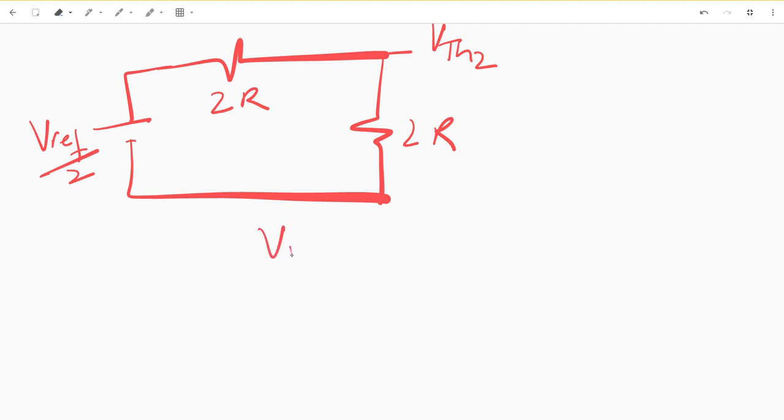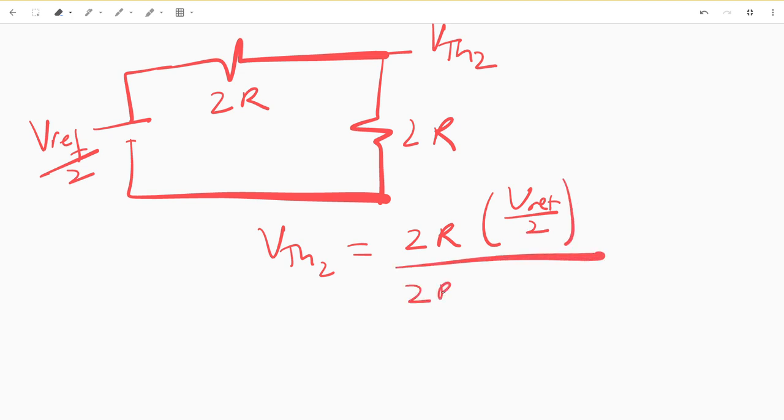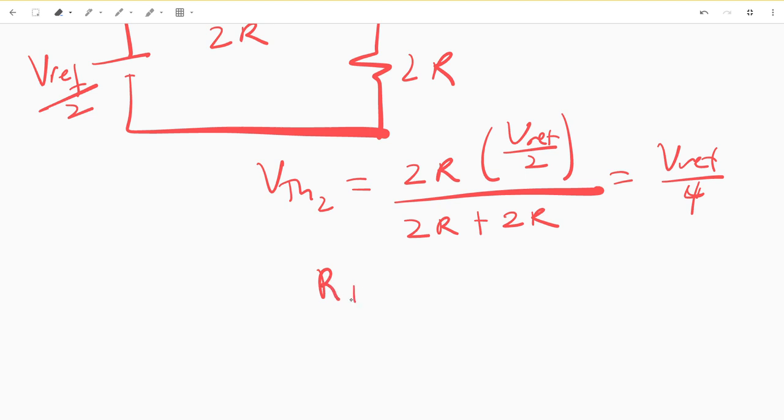Again, we'll see that VTH2 is equal to 2R Vref over 2 divided by 2R plus 2R, which is equal to Vref over 4 when you do the math. And again, RTH is equal to 2R in parallel with 2R, which we proved earlier to be R.